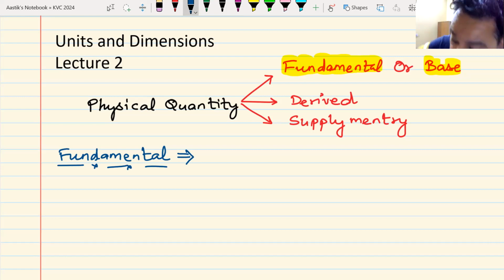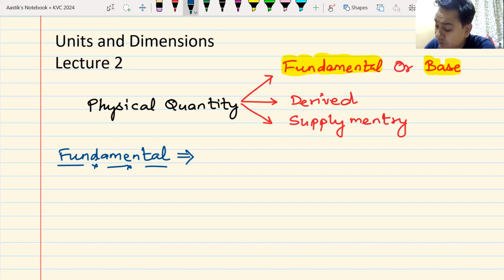You are not supposed to know it because you probably have not heard this term. A fundamental physical quantity is a physical quantity which cannot be derived from other quantities and which has an independent existence.